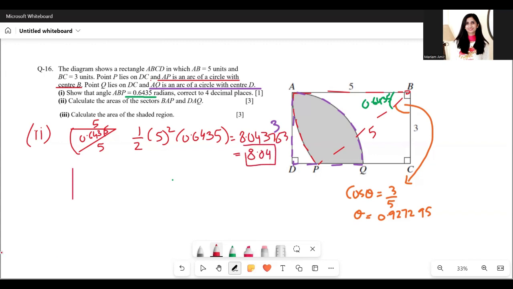And area for this sector is going to be half r square theta as well. So half times 3 square times theta, which is 90 degrees, or pi by 2 in radians. And this comes out to be 7.06858, rounded to 7.07.